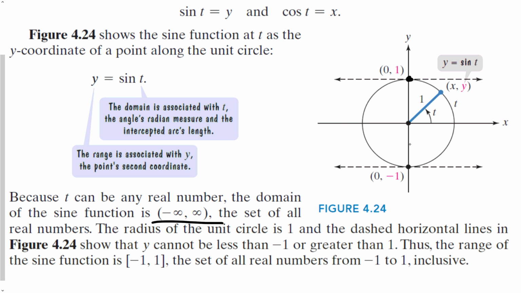The furthest I can go down on this function is negative 1. Okay, it's the y coordinate, so that's why I'm going up and down. All right, but the highest I can get is 1. The lowest I can get is negative 1. Therefore, the range of this function is from negative 1 to positive 1, okay, including negative 1 and positive 1. Okay, so domain, all real numbers, range from negative 1 to positive 1.